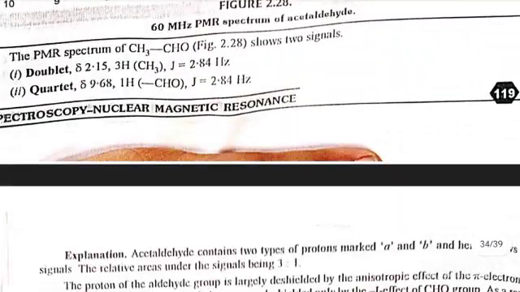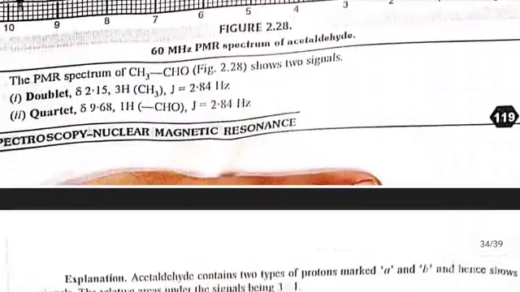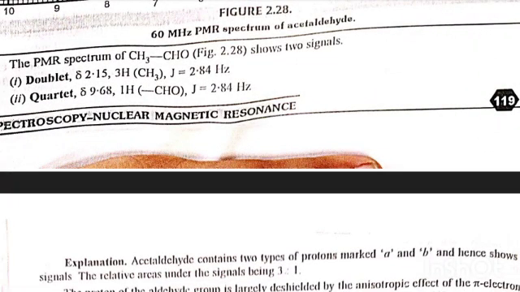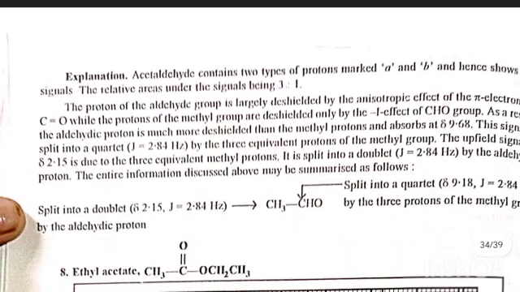The PMR spectrum of CH3CHO shows two signals: a doublet at delta 2.15 for 3 protons, J equal to 2.84 Hz, and a quartet at delta 9.68 for 1 proton, J equal to 2.84 Hz.